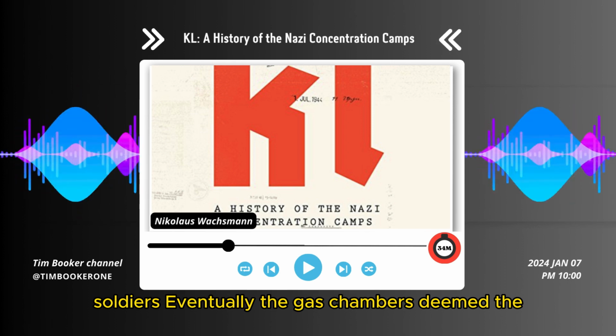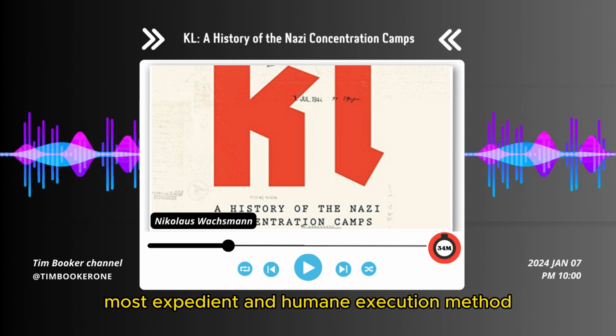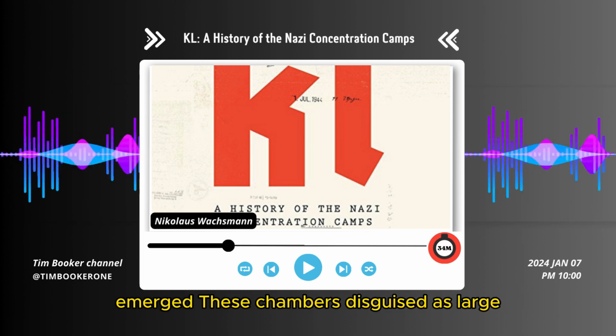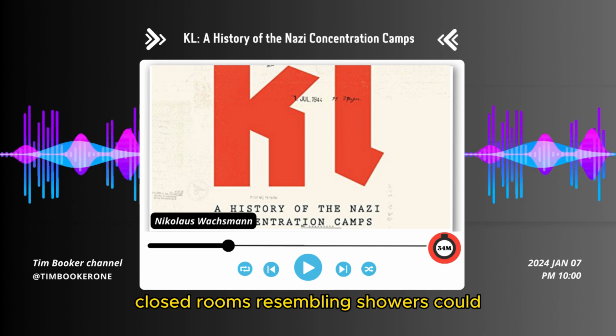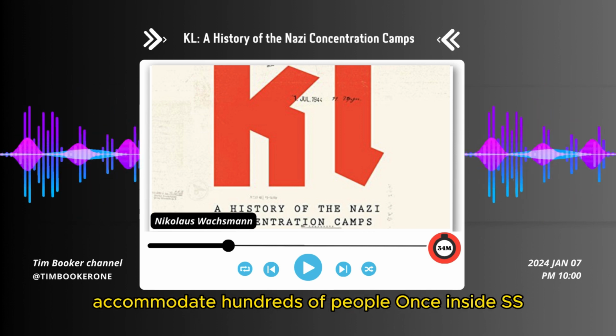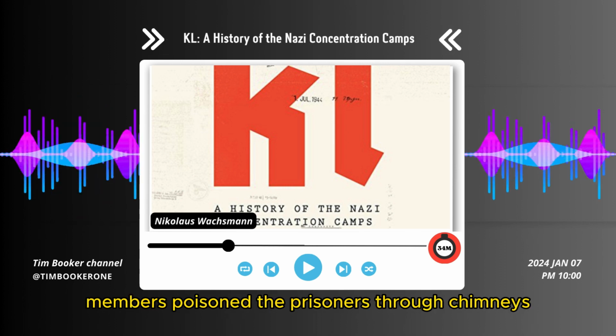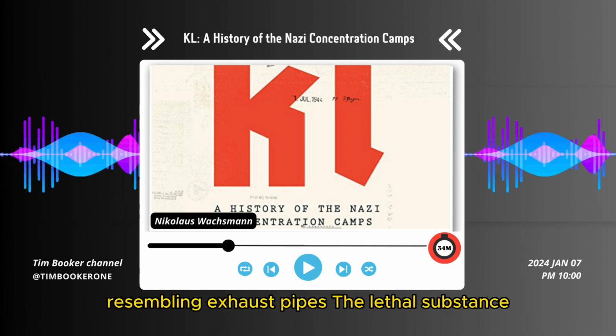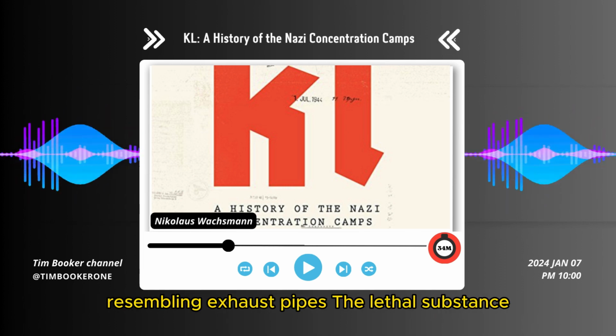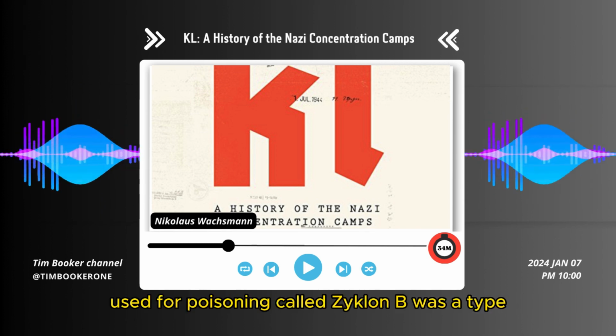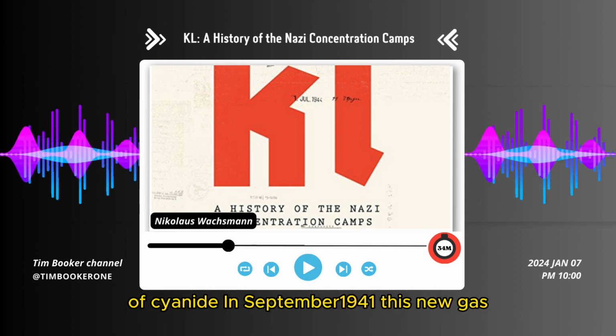Eventually, the gas chambers, deemed the most expedient and humane execution method, emerged. These chambers, disguised as large closed rooms resembling showers, could accommodate hundreds of people. Once inside, SS members poisoned the prisoners through chimneys resembling exhaust pipes. The lethal substance used for poisoning, called Zyklon B, was a type of cyanide.